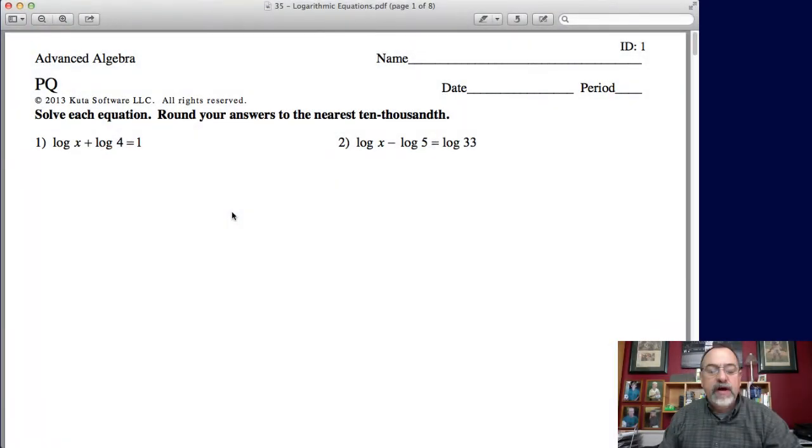Chapter 3, Lesson 5 of Pre-Calculus, we're going to do some examples solving logarithmic equations. As a reminder, we want to remember that there's two things that we have to do when we're trying to solve for a variable. We have to isolate that term that has the variable in it, and then as a last step we have to use the inverse operation that undoes that.